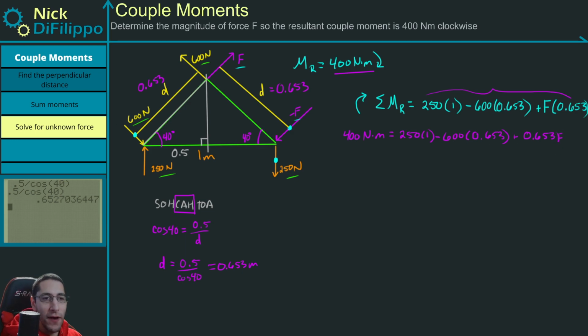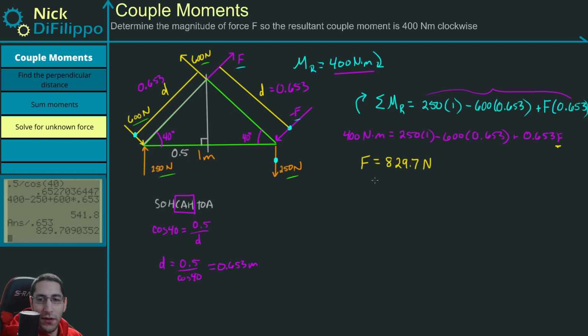I can solve for F. I'll have 400 minus 250, then add 600 times 0.653, and divide this by 0.653, and I get a force F equal to 829.7 newtons.